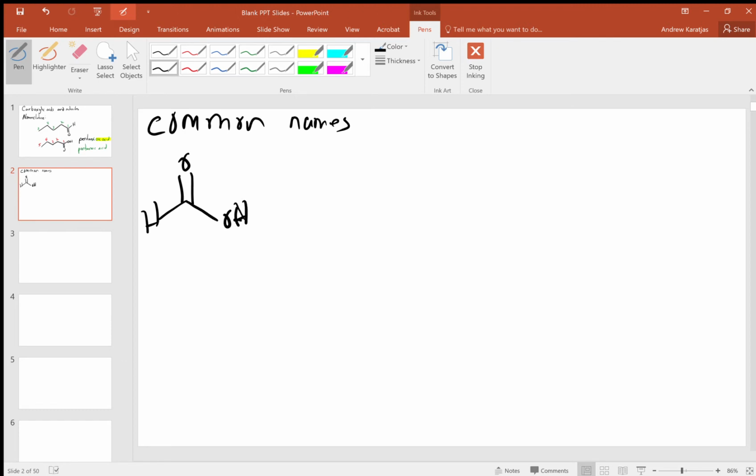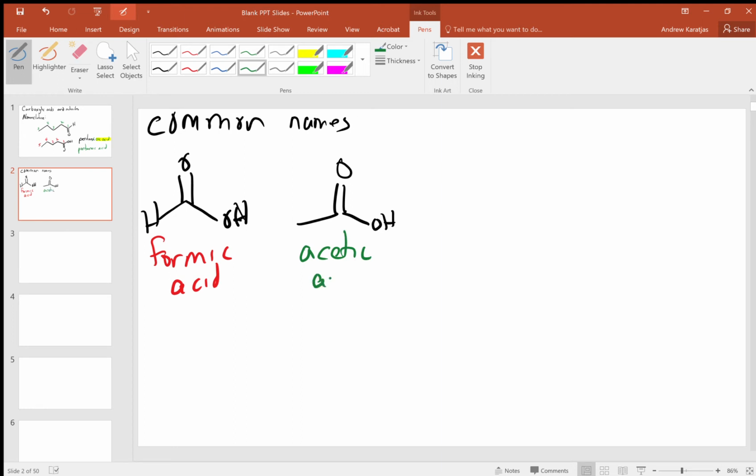So a carboxylic acid that has just one carbon, derived from methane, our initial instinct might be methanoic acid. But this is more commonly known by its common name of formic acid. A two-carbon carboxylic acid is generally not referred to as ethanoic acid, but by its common name of acetic acid, which we find in vinegar.